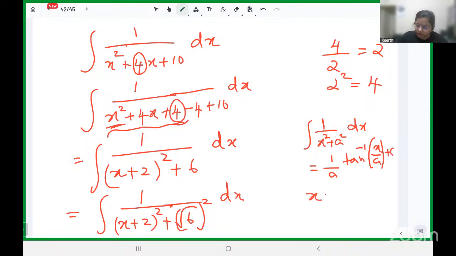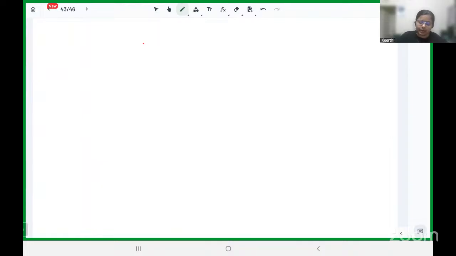Here in the place of x it is x plus 2 and in the place of a it is root 6. So what will be the integral of that function? Integral is equal to 1 by root 6 tan inverse of, sorry, 7 was outside, right?